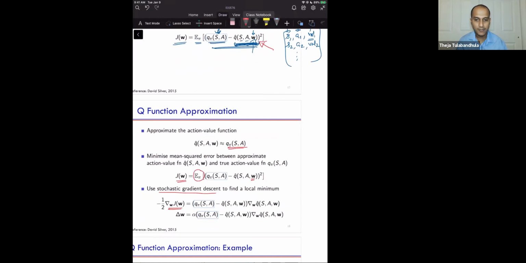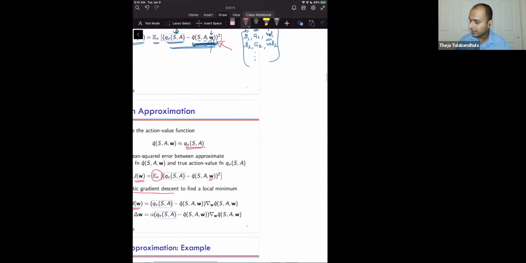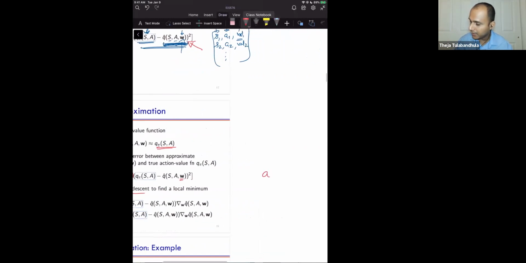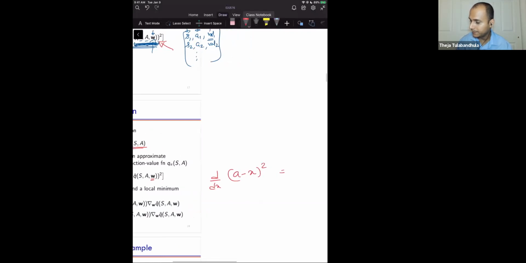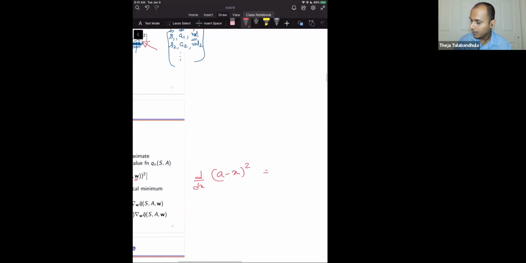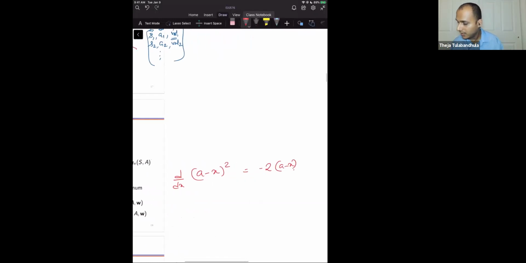and if you take the gradient with respect to the parameter, this is basically something like a minus x, the whole square. You can find the derivative with respect to x. This would be minus 2 times a minus x.